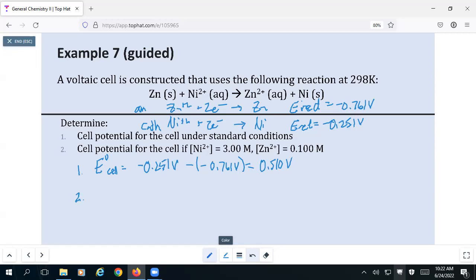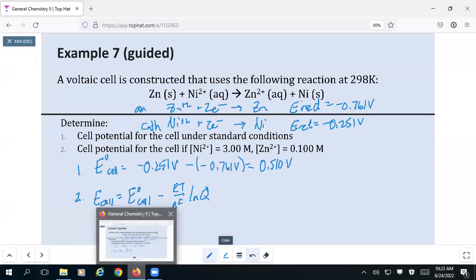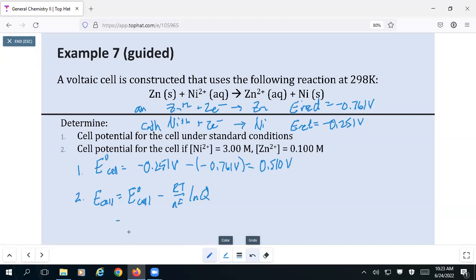For the second, we need to use the Nernst equation. So E cell is equal to E naught cell minus RT over nF, natural log of Q. Our standard potential was 0.510 volts.